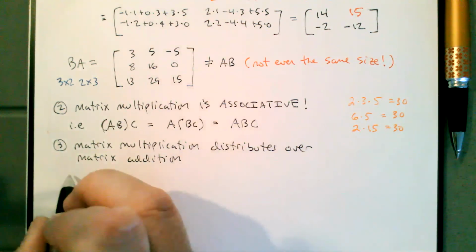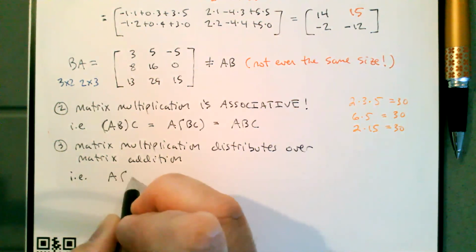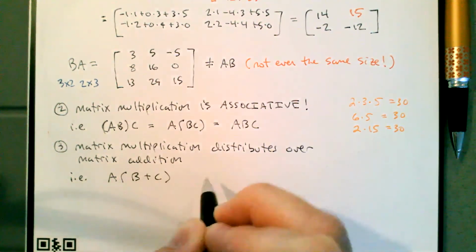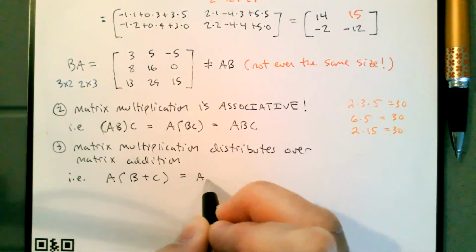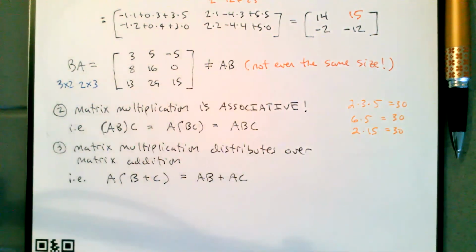That is, A times the sum of B and C is equal to A times B plus A times C. So we get that one. Notice that for the matrix addition to be defined, B and C have to be the same size. So assuming that the product A times B plus C is defined, then we can use the distributive property.